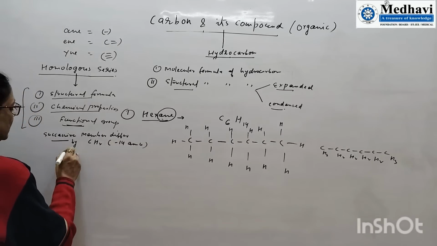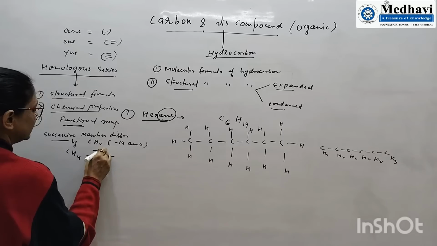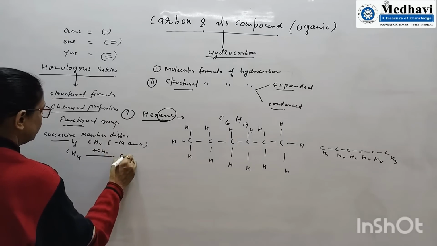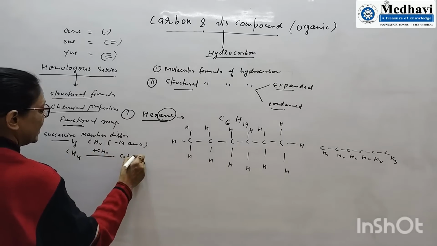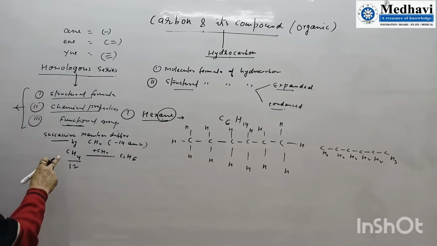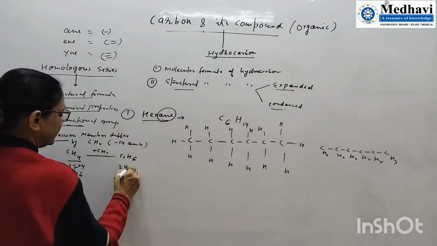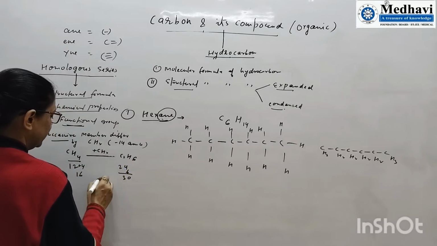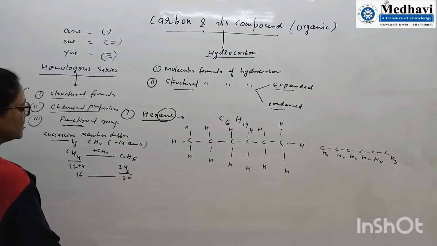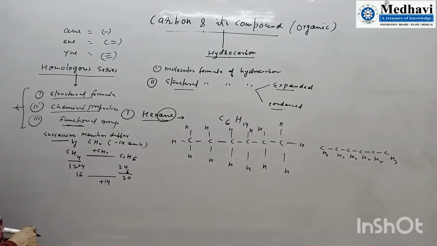For example, suppose this is methane. Its next homologue we can find by adding CH2, so it will be C2H6. Methane's molecular mass is 12 plus 4, that is 16. Ethane's molecular mass is 24 plus 6, 30. Take the difference between 30 and 16, and you will get 14.